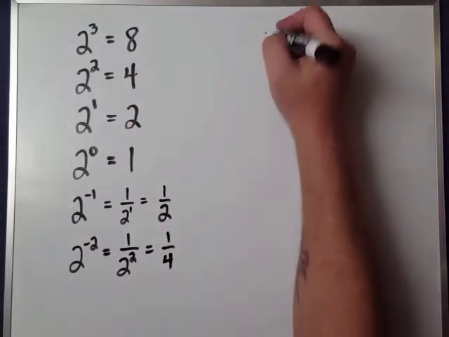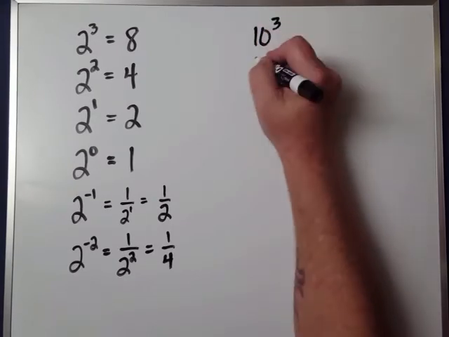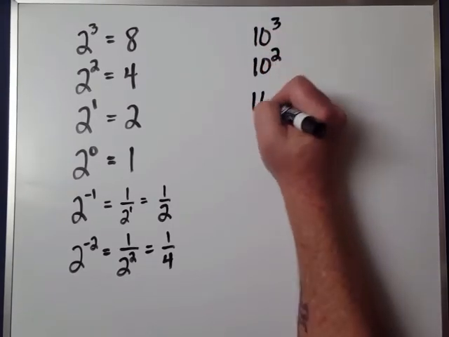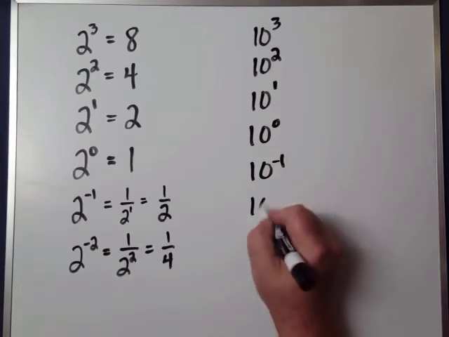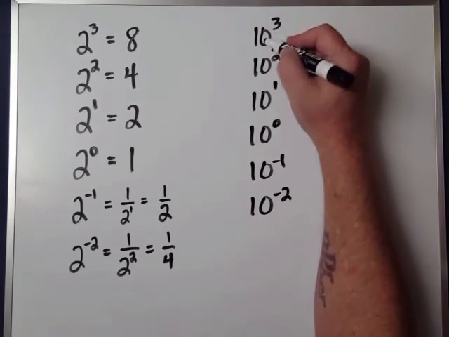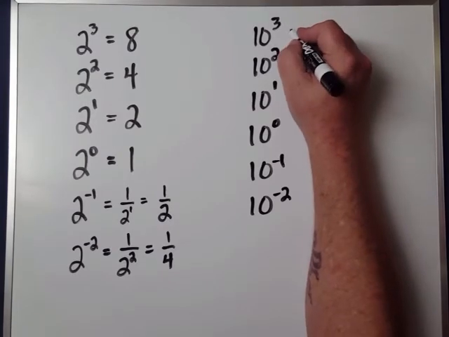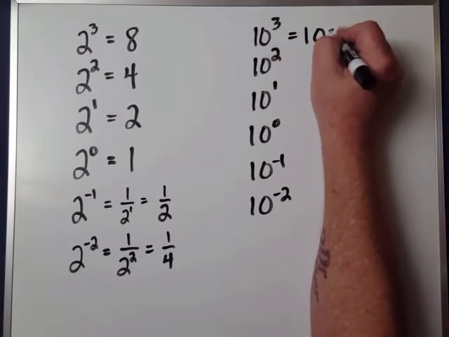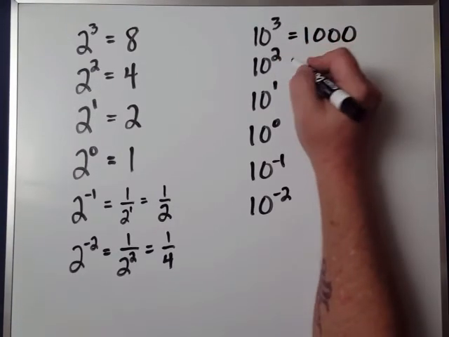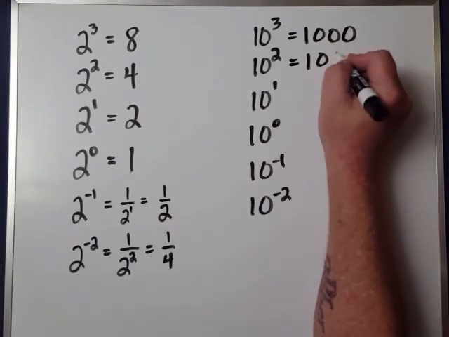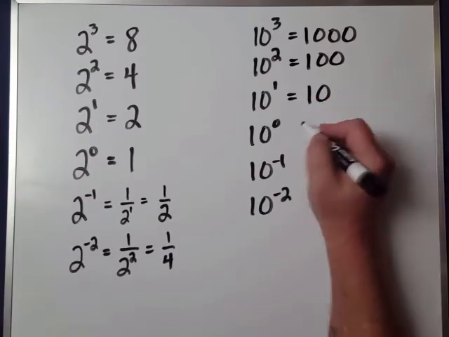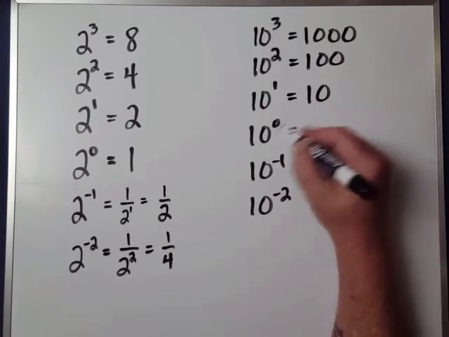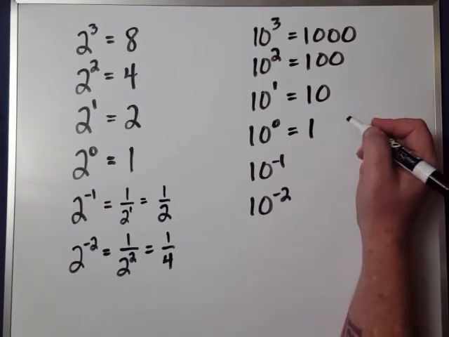This pattern holds. 10 to the third, 10 squared, 10 to the first, 10 to the 0, 10 to the negative 1, 10 to the negative 2. 10 cubed, 10 times 10 times 10, 1,000. 10 squared, 10 times 10 is 100. 10 to the first, that's just a 10. 10 to the 0, anything to the 0 power is 1.